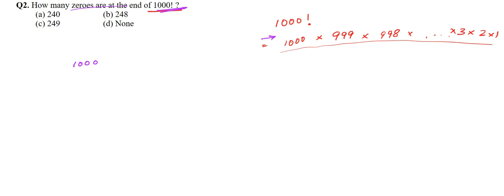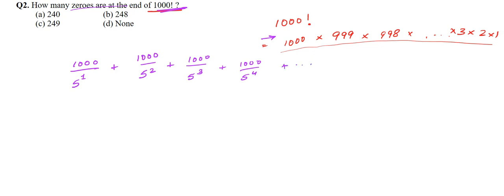For 1000 factorial, we write 1000 divided by 5 to the power 1, plus 1000 divided by 5 to the power 2, plus 1000 divided by 5 to the power 3, plus 1000 divided by 5 to the power 4, and so on.